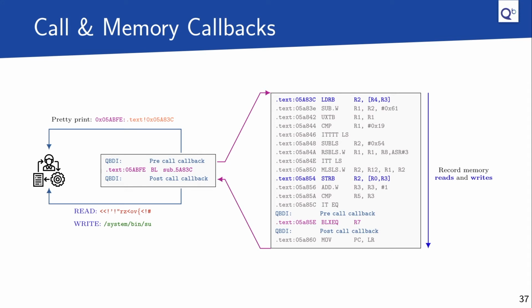If we take this example, here you have a callback with QBDI before this call and a callback after this call. Within the call, you will record only memory accesses that are done on a byte. So here, there is a byte load, they are doing some computation and they are writing a byte.